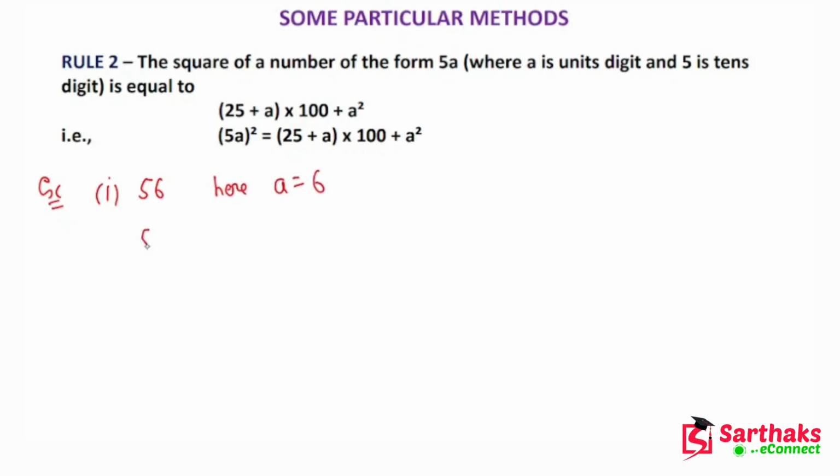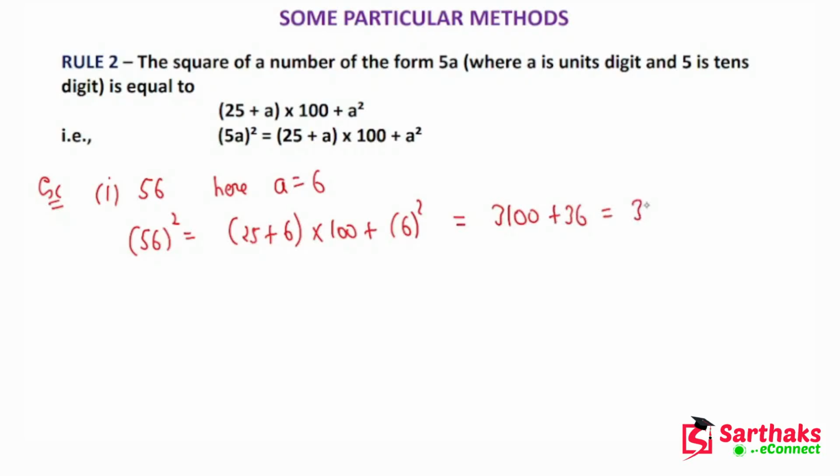According to this method, 56 square equals 25 plus A, which is 6, into 100, plus A square, which is 6 square. If you calculate it, it will turn out to be 31 into 100, so 3100, which is very easy to calculate, plus 36. So it will be 3136. That is how fast you can calculate the square of 56.